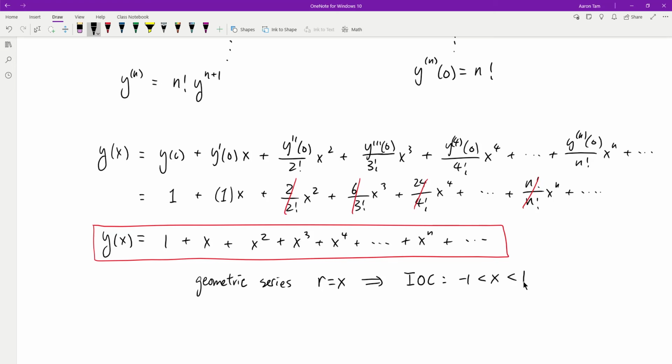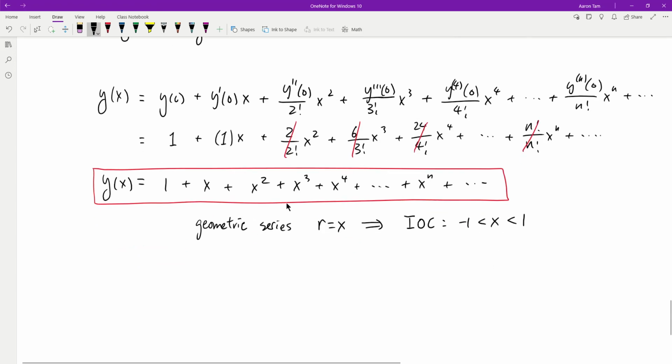Now, also, because this is a geometric series, we can actually identify what this sum converges to. Hopefully you remember the infinite sum formula for a geometric series, which is a over 1 minus r. So in this case, I can form what we call the closed form of this power series, which is 1 over 1 minus x.